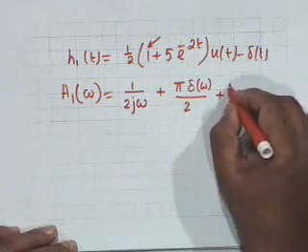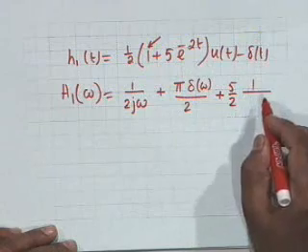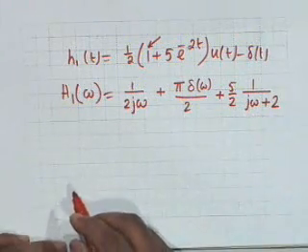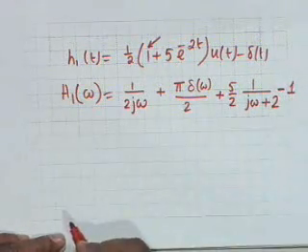Then for the other one, 5/2 e^(-2t) u(t), therefore it shall be 1/(jω + 2), and then for the δ(t) it should be minus 1, alright.